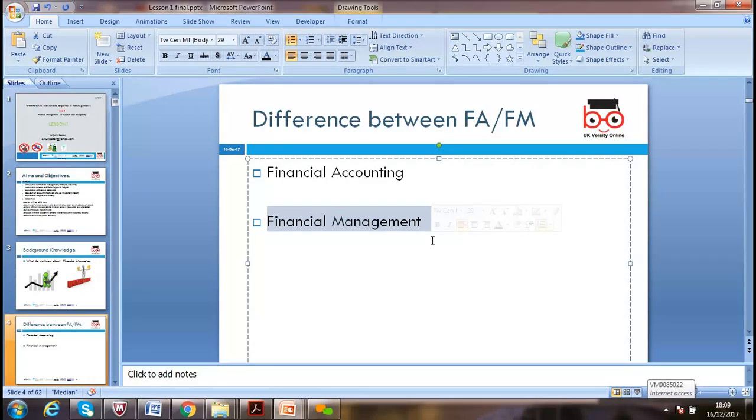They don't make decisions, they only record. But in financial management, they make the decisions: where we will borrow the money, how much we will borrow, where we will buy stock, how much stock we will buy, and whether it is financially sound to invest in a particular project. That's all about financial management.